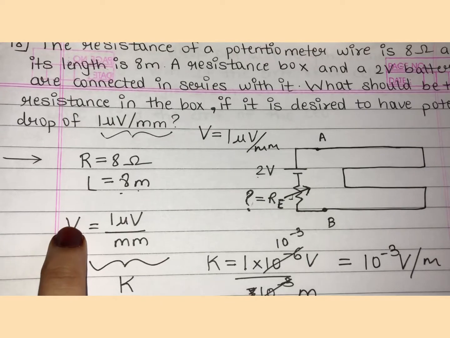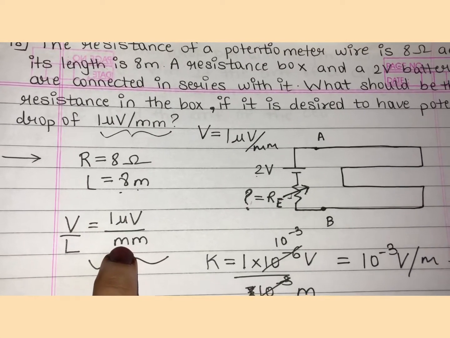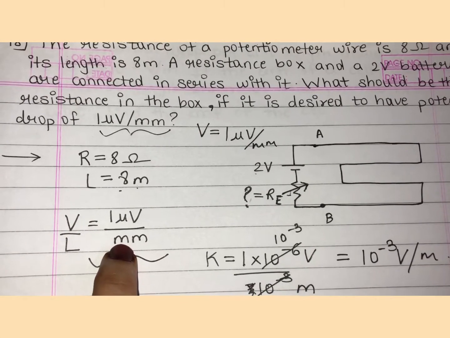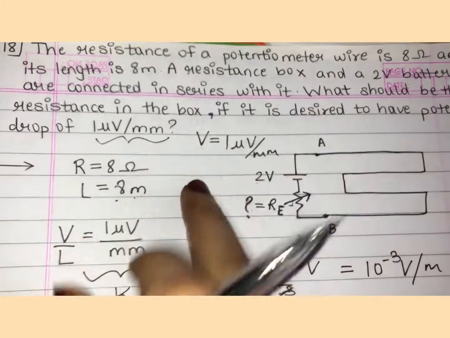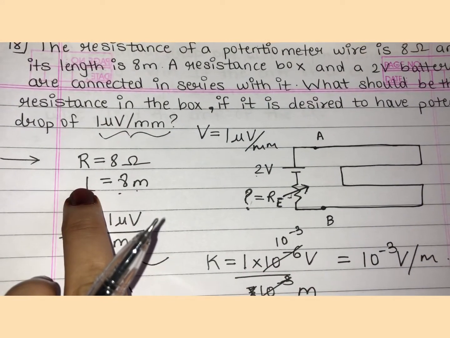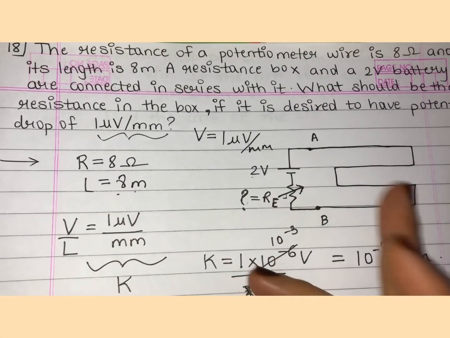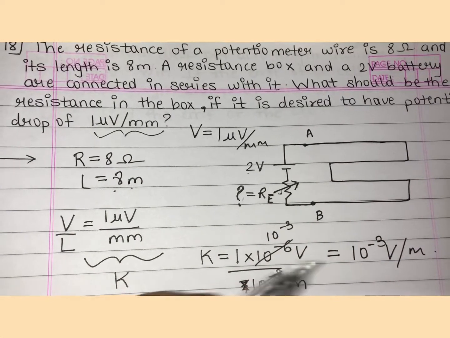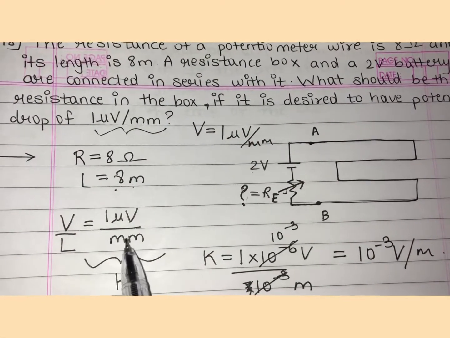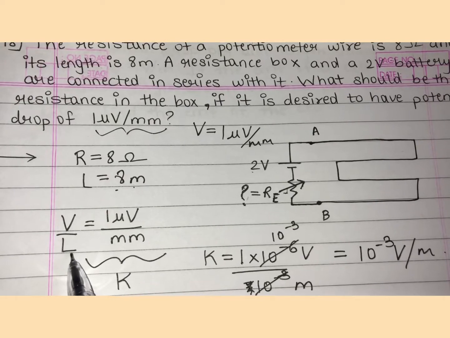So here we have potential difference per millimeter, or centimeter, meter. Millimeter, meter, centimeter are usually used for length. So this millimeter is used for the length.